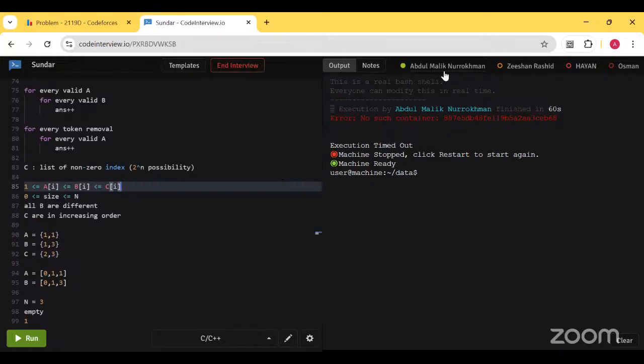Do you know how to use the DP solution? The DP is just like brute forcing the number of B, and then the number of A and the number of C can be calculated easily.